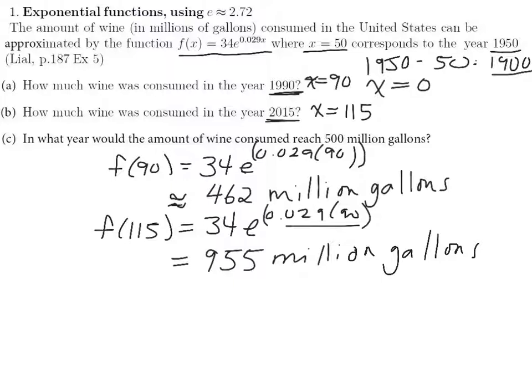Okay. And part C asks us, in what year will the wine consumption be 500 million gallons? So in this case, you're looking for the number of years since 1900, and your f of x value will be 500. So I'll put that on a new page so we have lots of room to write.